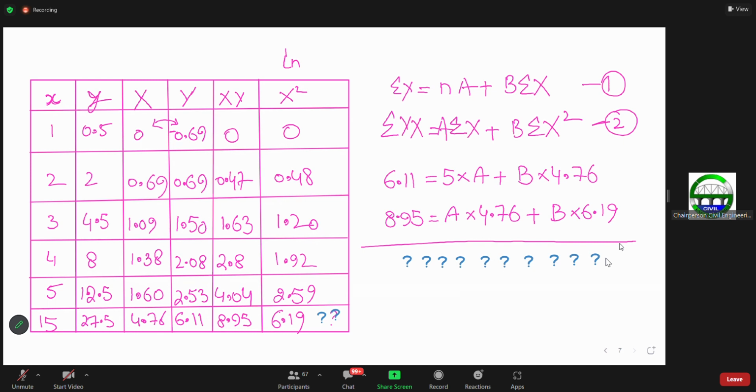Tell me the answer of A and B. A is equal to minus 0.58 and B is equals to 1.88.